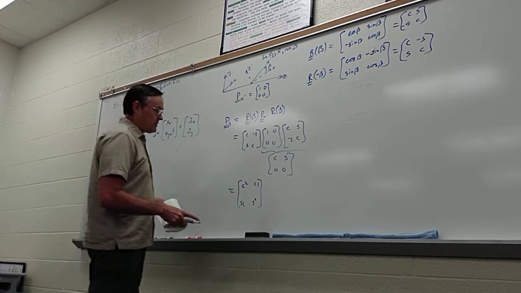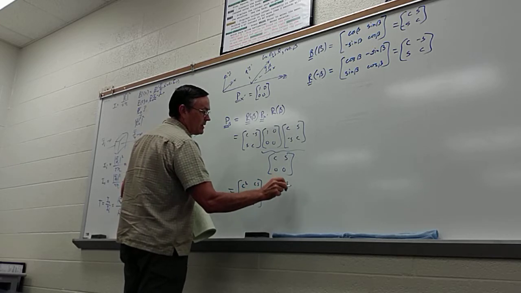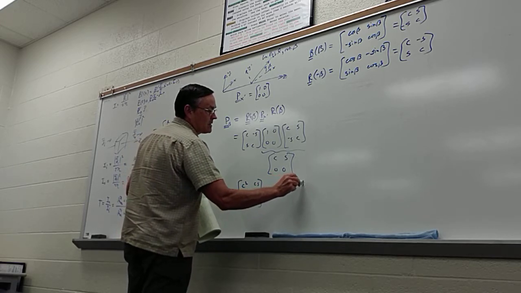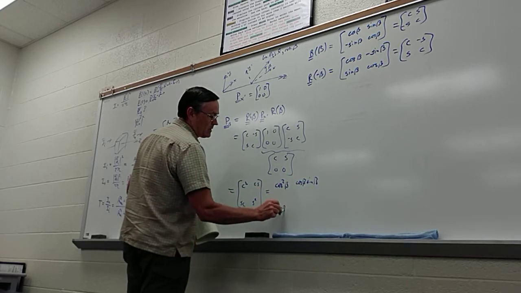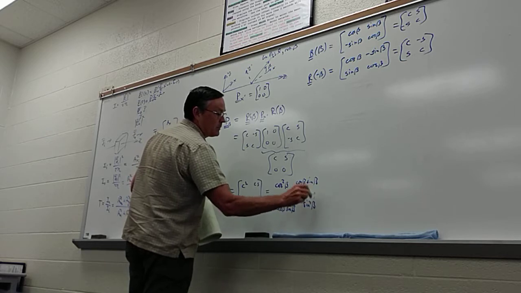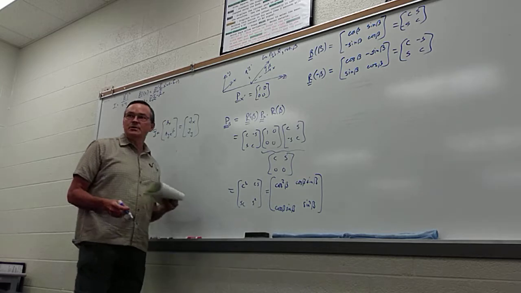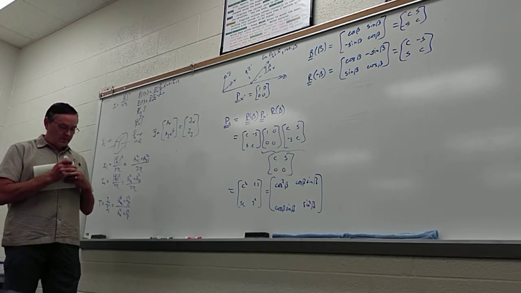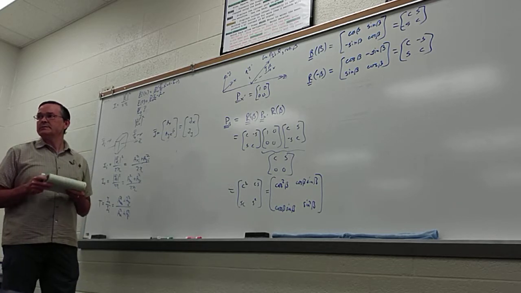So if I now expand it out, what I have is cosine squared of beta, cosine beta sine beta, cosine beta sine beta, and sine squared beta. And so that is the Jones matrix for a linear polarizer rotated by an angle beta with respect to the x-axis.